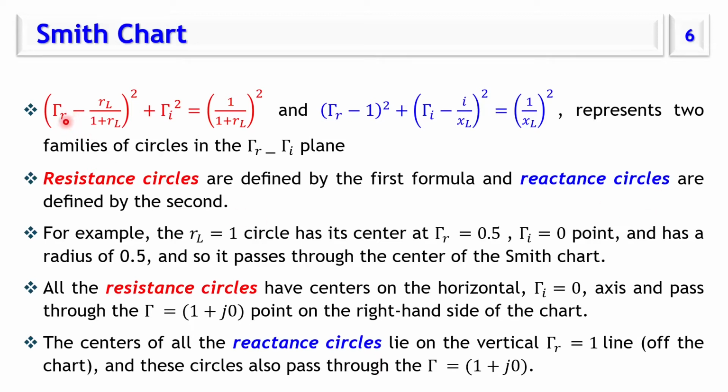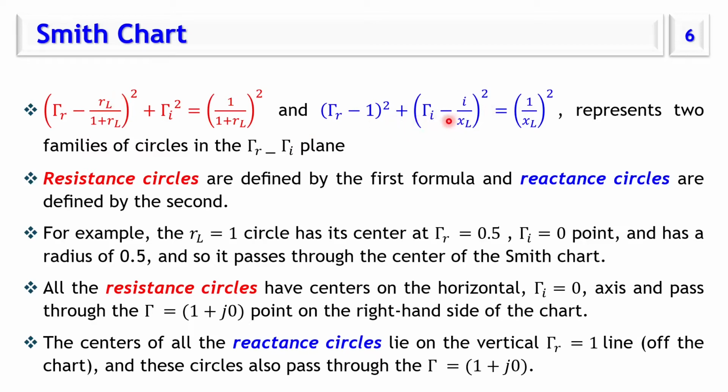As I said, this is a shifted circle, so the radius squared equals this value, and the center of this circle is always on gamma I equal 0, which is on the horizontal axis, and it is shifted by this quantity.